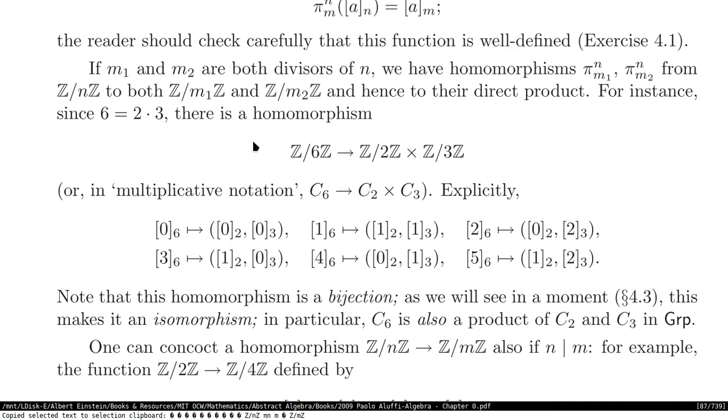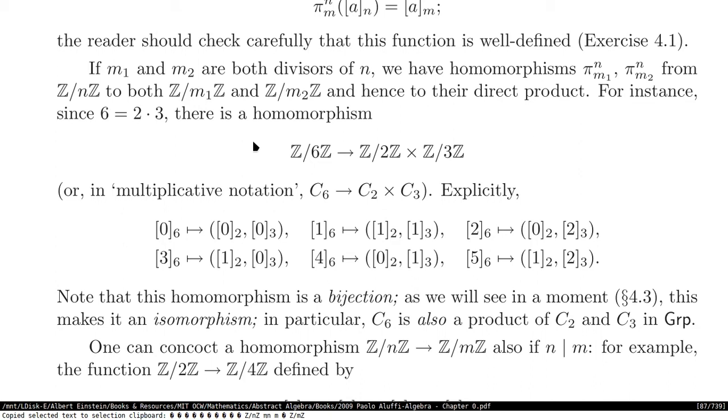Okay. So if we have two m's, m1 and m2, that are both divisors of n, so they both divide n, then you have two homomorphisms, pi n m1 and pi n m2, going from Z mod nZ to Z mod m1Z and Z mod m2Z, right? And hence to their direct product, of course.